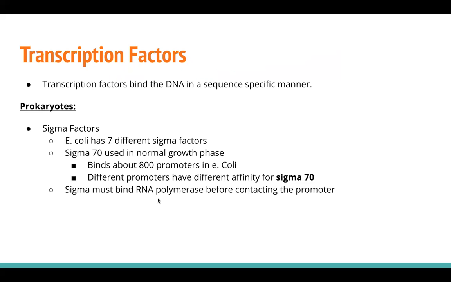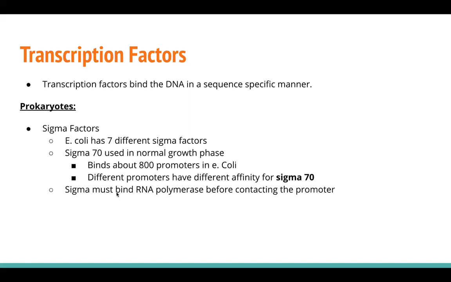That's how it's regulated: if sigma 70 can't bind, then transcription can't really occur because the RNA polymerase wouldn't be able to bind either. And like I said before, the sigma factor must bind RNA polymerase before contacting the promoter.